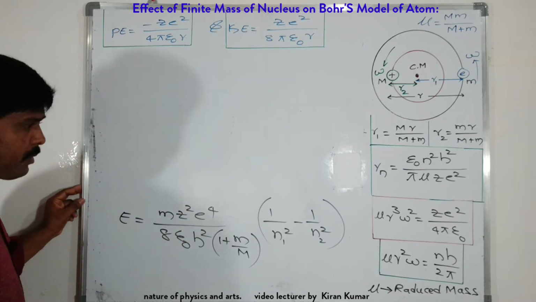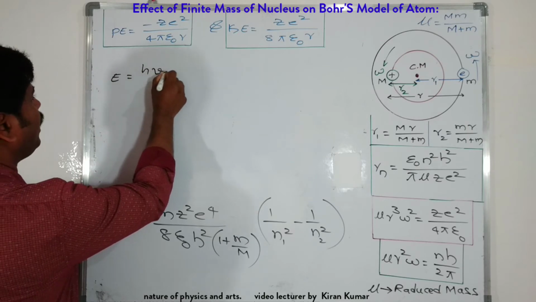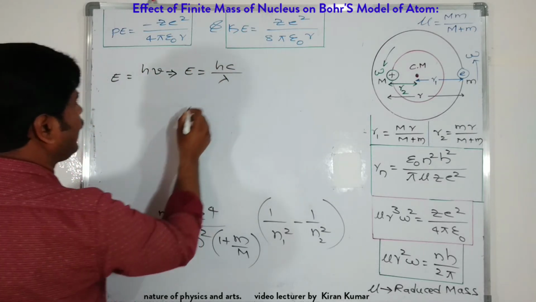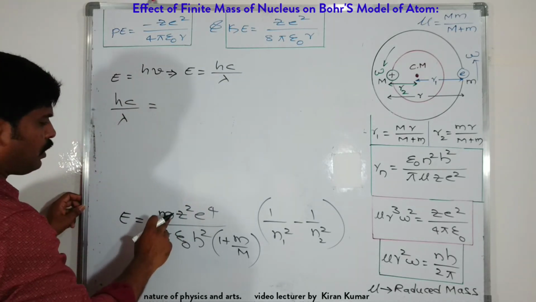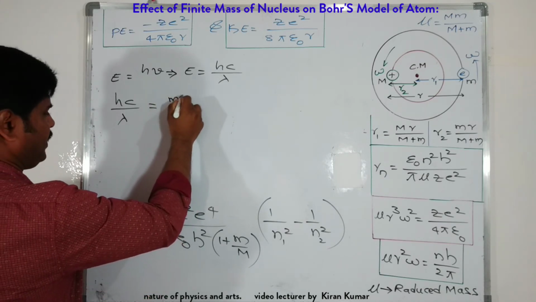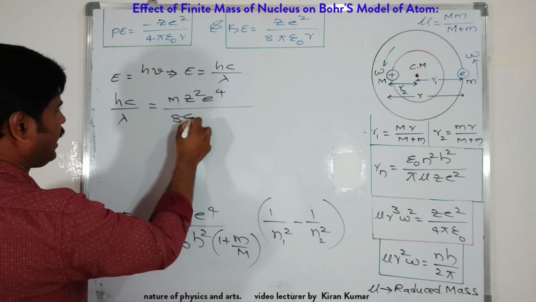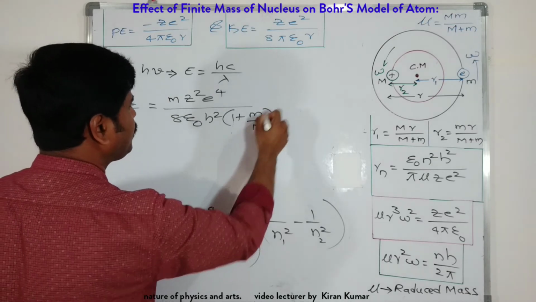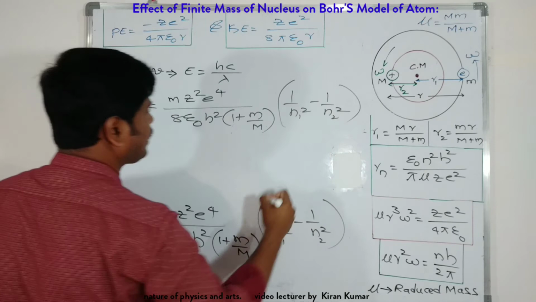Rearranging this equation, E is equal to h nu, that is E is equal to hc by lambda, which is equal to m Z square e to the power of 4 divided by 8 epsilon naught h square, 1 plus small m by capital M, into 1 by n1 square minus 1 by n2 square.